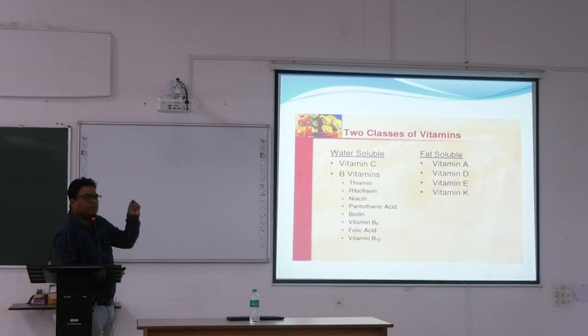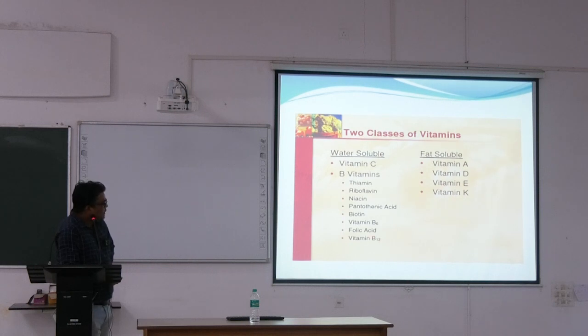Whenever you see the capsule of Becosule, which is generally available in pharmacies, if somebody is taking it as medicine, you will see the color of the urine become more yellowish. That means it is totally dissolved in water. That's why it is considered a B complex. Vitamin B complex, very important vitamins.